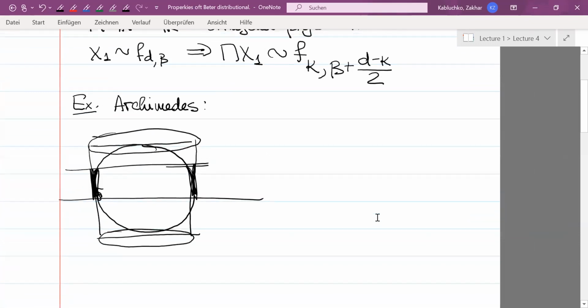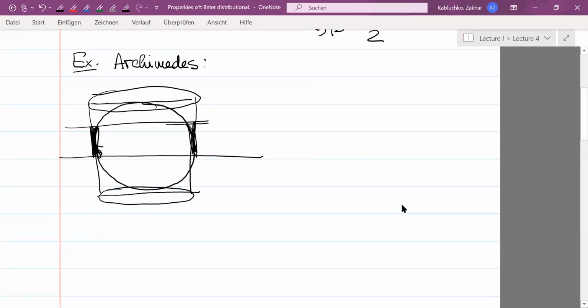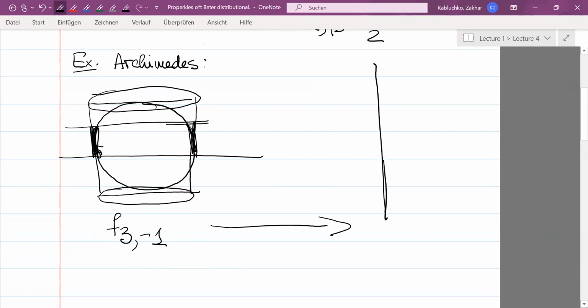And now this is a special case of this property of the beta distributions, namely, if we take the uniform distribution on the surface of the sphere in dimension 3, and the uniform beta distribution corresponds to the parameter -1, and we project it to a line, so the 2 dimensions are lost by this projection, which means that the beta parameter increases by 1, and which means that the resulting beta density is F10, in dimension 1.